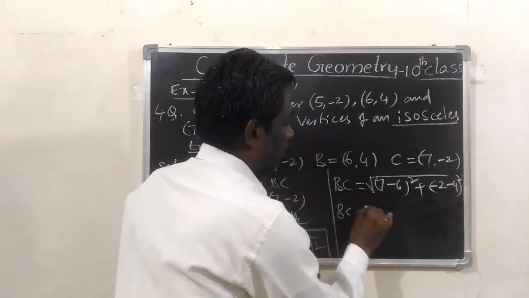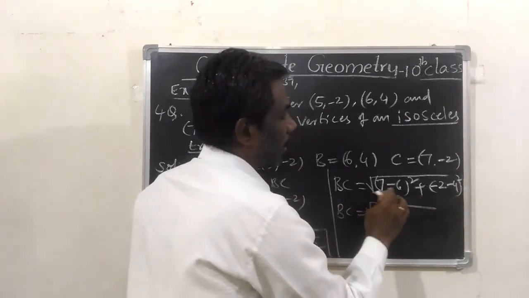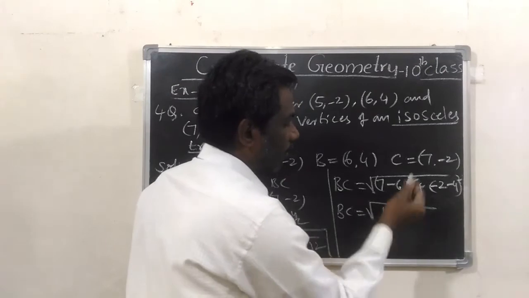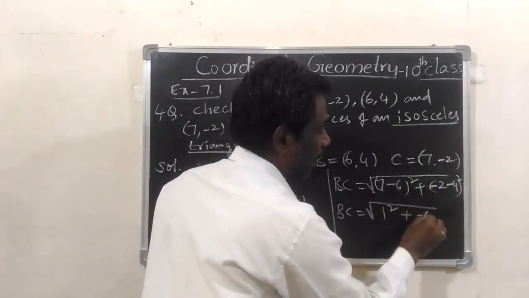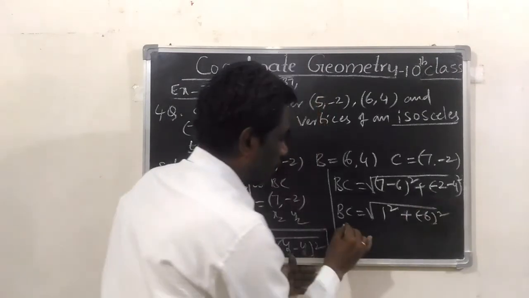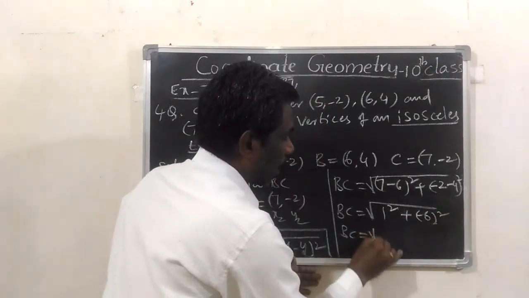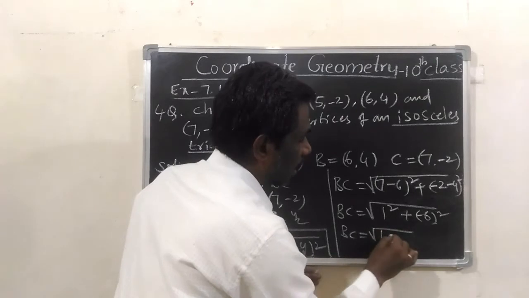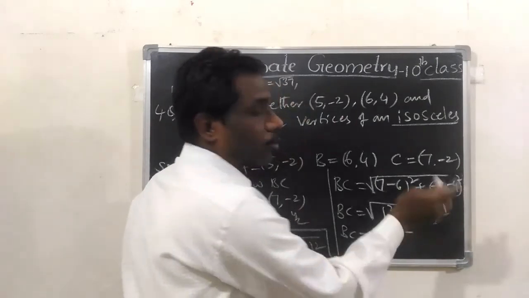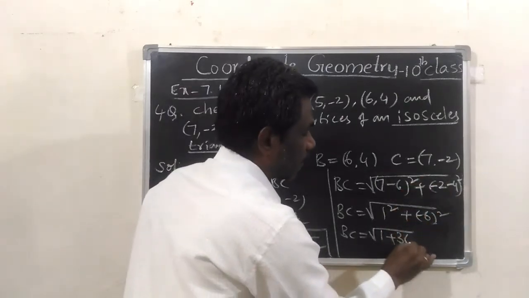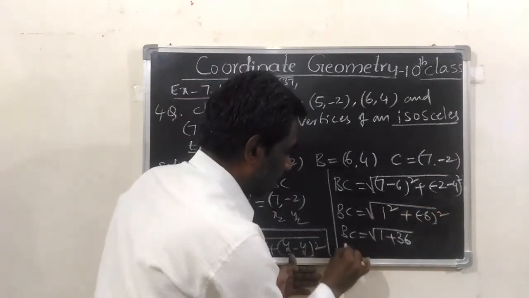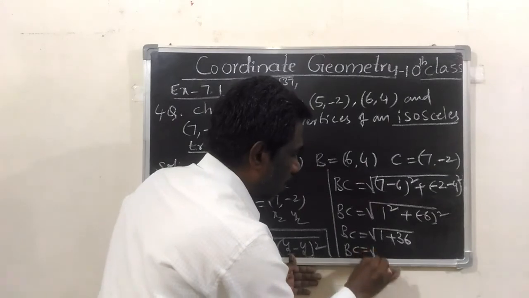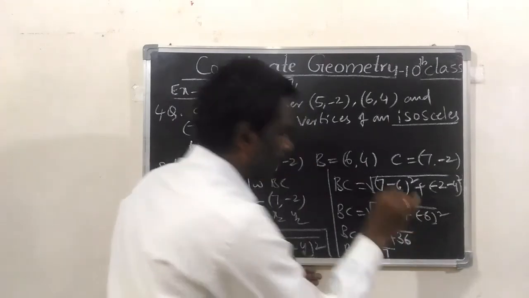So BC equals under root of (7 minus 6 is 1) square plus (-2 minus 4 is -6) whole square. 1 square is 1, plus -6 whole square is 36, because minus square is plus, 6 square is 36. So BC equals root 37.